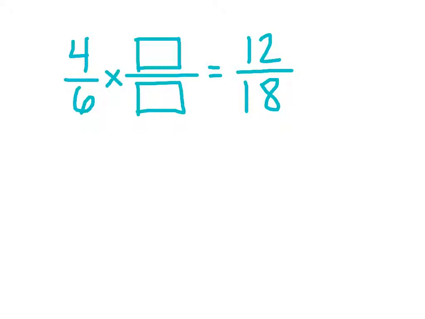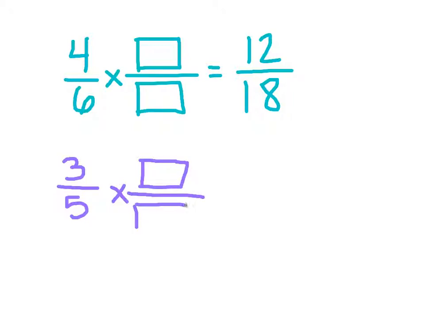Pick a number, any number. 3/5. 3/5 times something will equal, let's see, how about 15/25? That work? It does. So pause the video and see how you do.